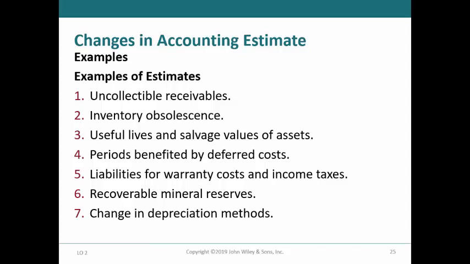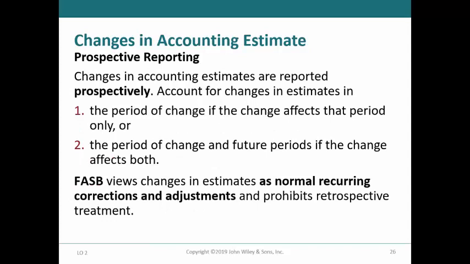These are considered to be a normal, recurring part of accounting. Because the FASB views the changes in estimate to be normal, recurring corrections and adjustments, they prohibit retrospective treatment, but favor instead prospective treatment.